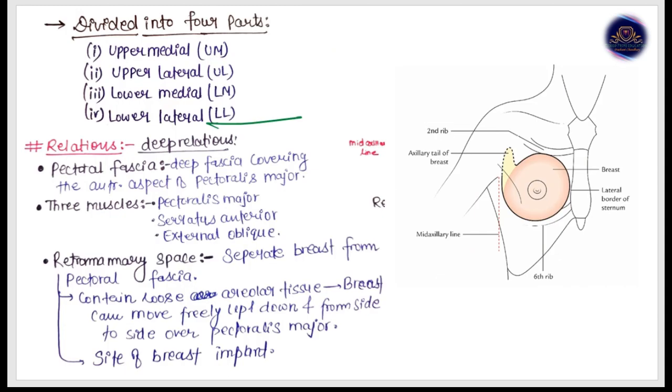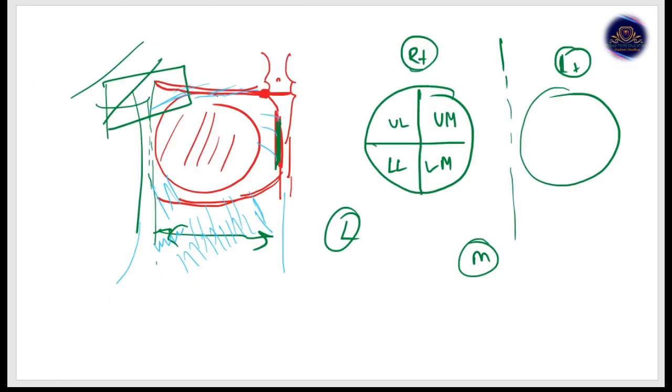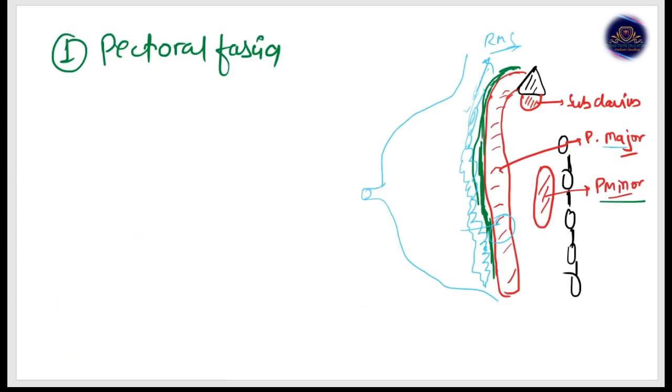Okay. Now, one more thing: the retromammary space is also related. I have already shown that space. Here you can see the retromammary space, है ना? ये retromammary space है. This separates the breast from the pectoral fascia. पेक्टोरल फेशिया को और breast से ये क्या करता है?